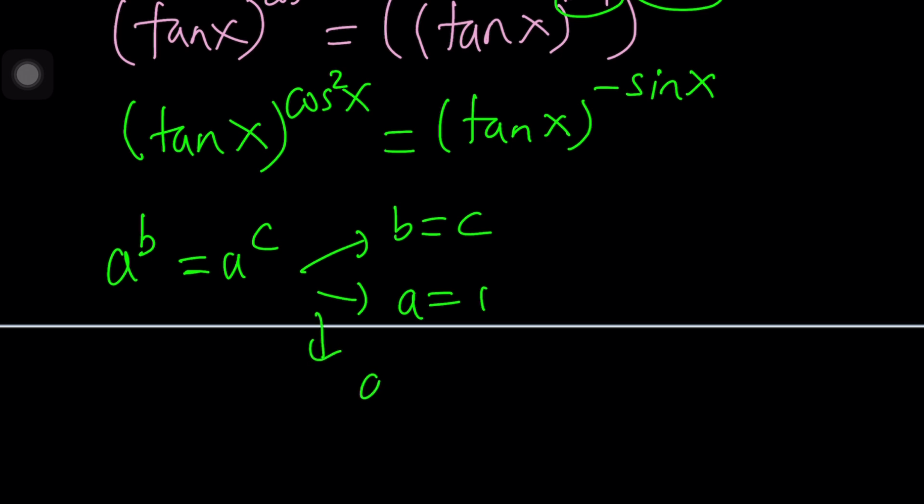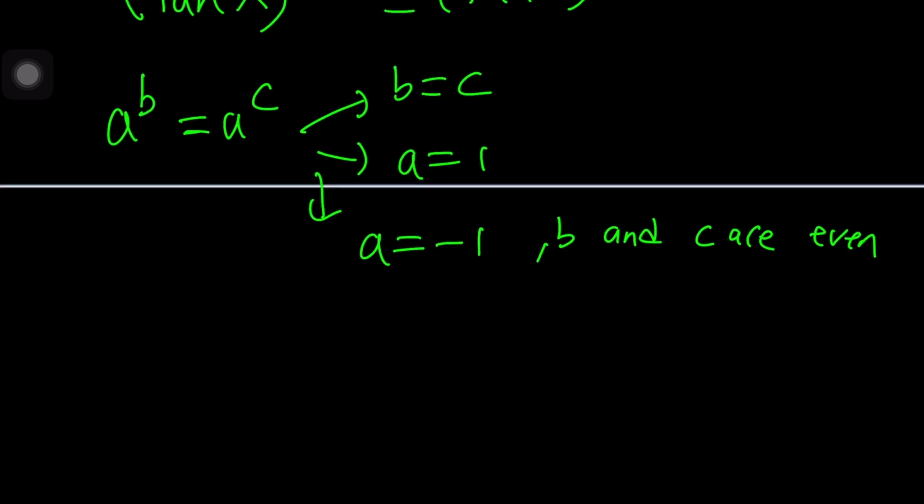Or if a is -1, then b and c have to be even, right? So in this case, we don't necessarily have to have b equals c. Does that make sense? So for example, -1 to the power 10 and -1 to the power 2 are the same, even though their exponents are different, okay? Because of the special base. So we kind of need to check all these 3 cases.